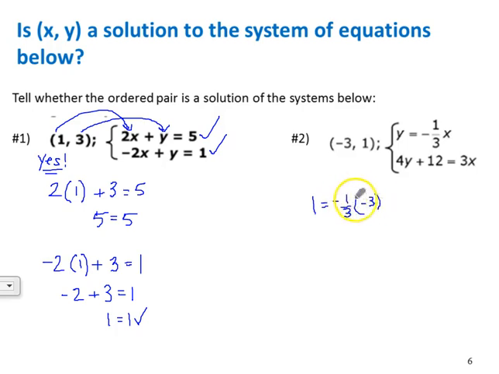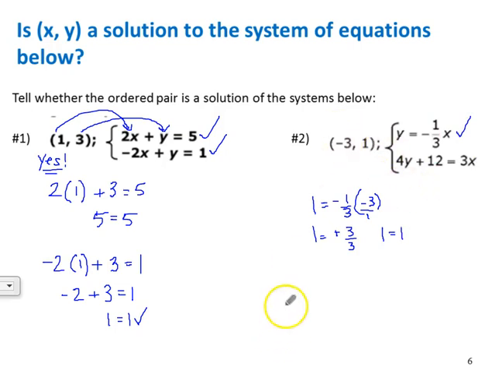So now I know that negative 1 times negative 3, we can look at this as numerator times numerator, denominator times denominator. So negative 1 times negative 3 is positive 3, and then 3 times 1 is 3. And I know 3 over 3 is the same thing as saying 3 divided by 3, so we have 1 equals 1. So it works for our first equation.